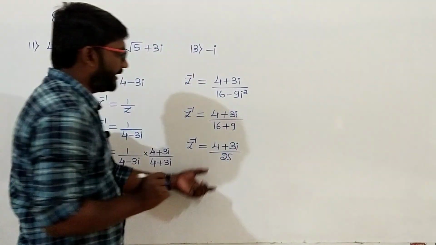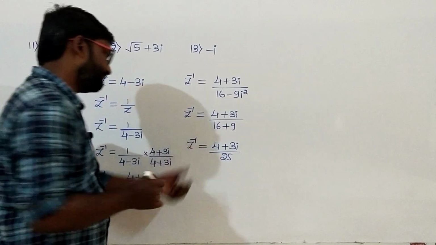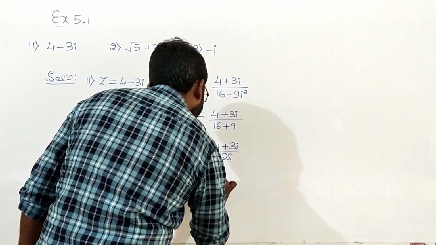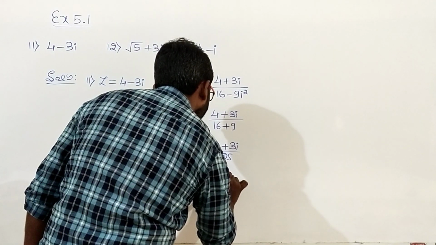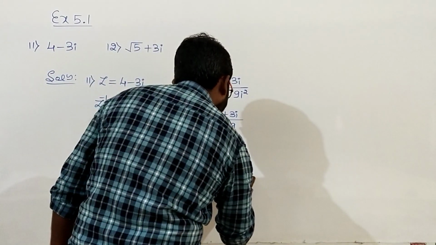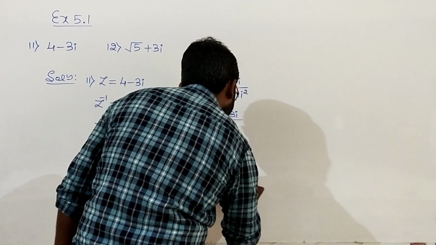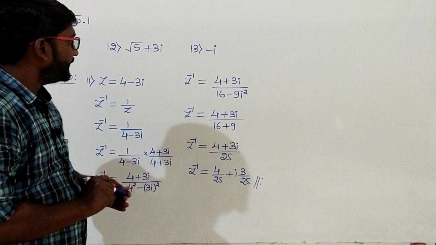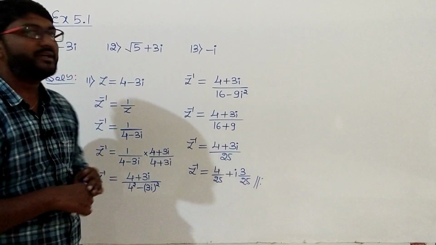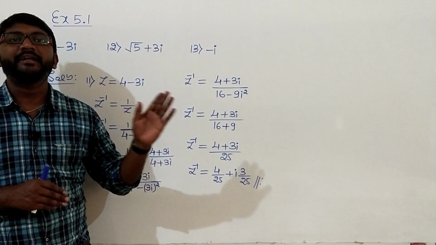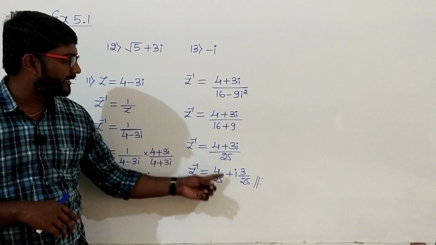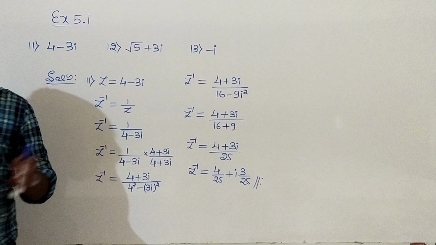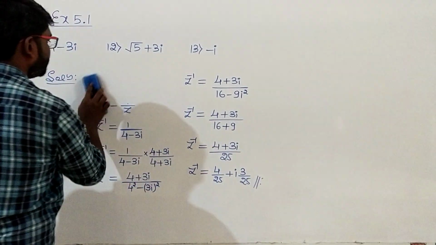Now we have to write this in the form of a plus ib. z inverse is 4 by 25 plus i into 3 by 25. This is the required answer for the 11th one. The given complex number is 4 minus 3i and its multiplicative inverse is 4 by 25 plus i into 3 by 25. So let us go for the 12th one.